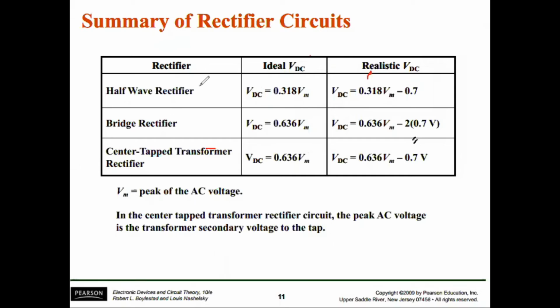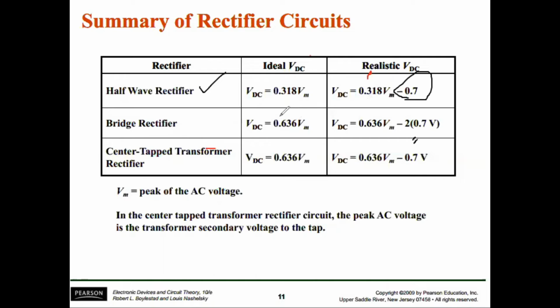For the rectifier circuits, we have discussed a half-wave rectifier, and we have seen that the DC or average value is equal to 0.318 times the peak voltage value. Similarly, for the realistic value, if you consider the drop across a diode, that drop will be subtracted from the DC output value which we have obtained from the half wave rectifier.